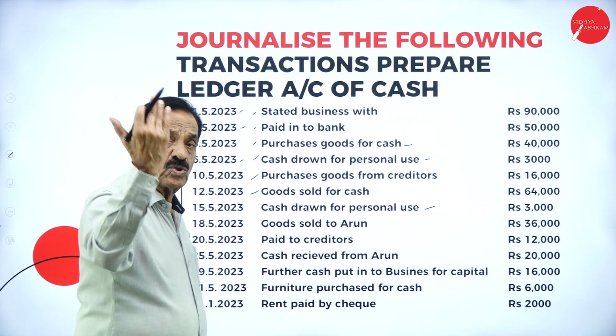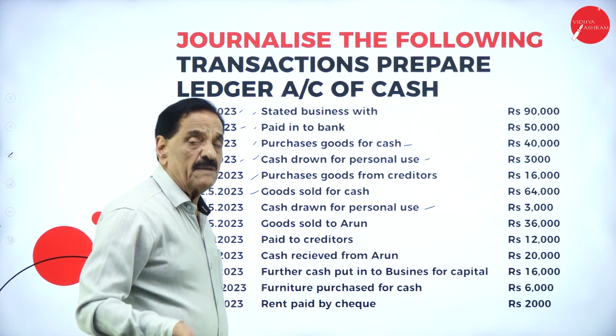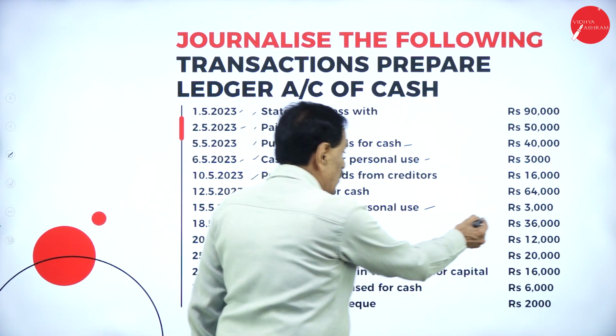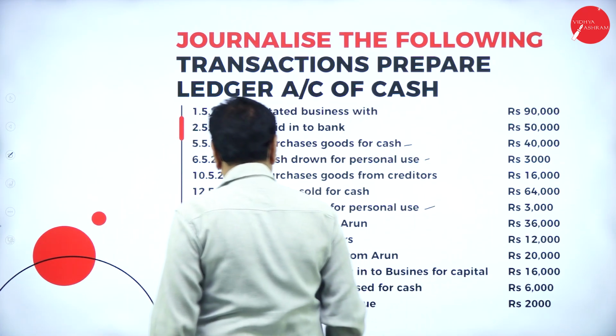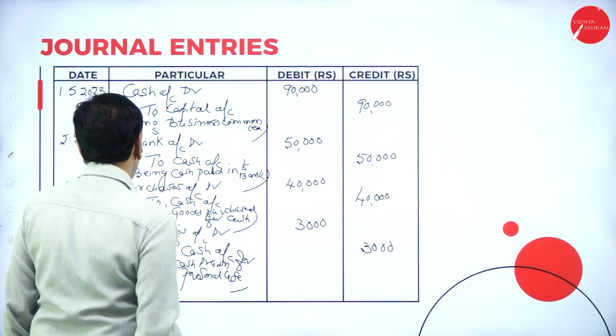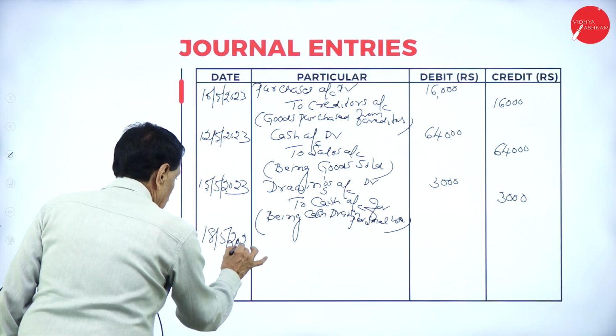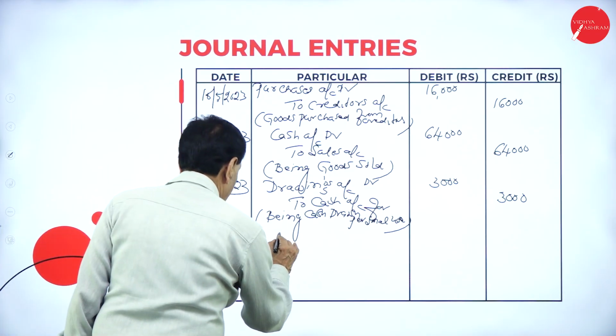Then 18th, goods sold to Arun, 36,000. We are selling the goods to Arun, so Arun becomes the debit, the receiver. Arun account debit to sales account to the extent of 36,000. 18/5. Who is the receiver?